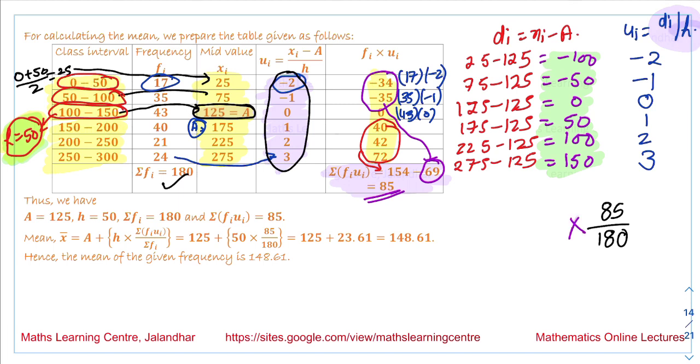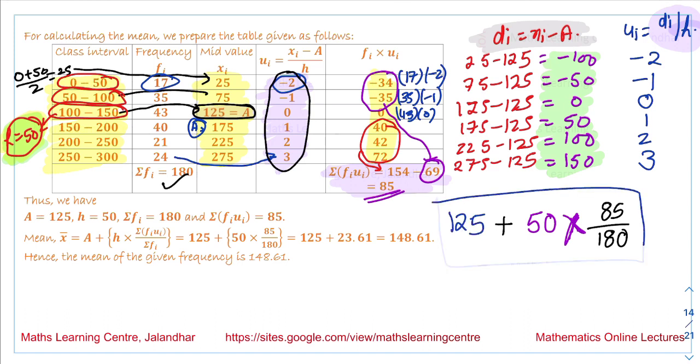It means whatever mean we obtain should be multiplied by 50. In this step we have reduced the values of xi by a. It means the mean that we obtain should be increased by the value a, and the value of a is 125. So using this formula we will obtain the final answer.